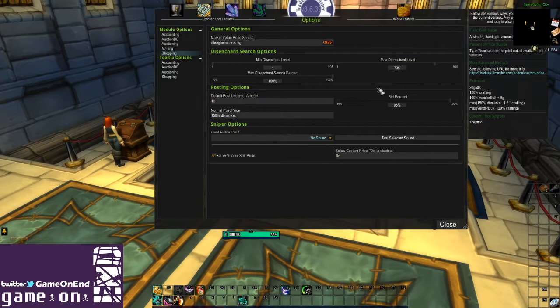Say if you have the enchanting profession, it can also search for items that can disenchant on a consistent basis into items, and then we'll say with something like arcane dust, it knows the items that typically disenchant into arcane dust and could say, well, the buy price for this item is actually lower than the going price for an arcane dust, so it's actually a good value to buy this item and just disenchant it to get arcane dust, versus buying arcane dust right now because this item's actually cheaper. So we'll get into that later when we get to crafting.